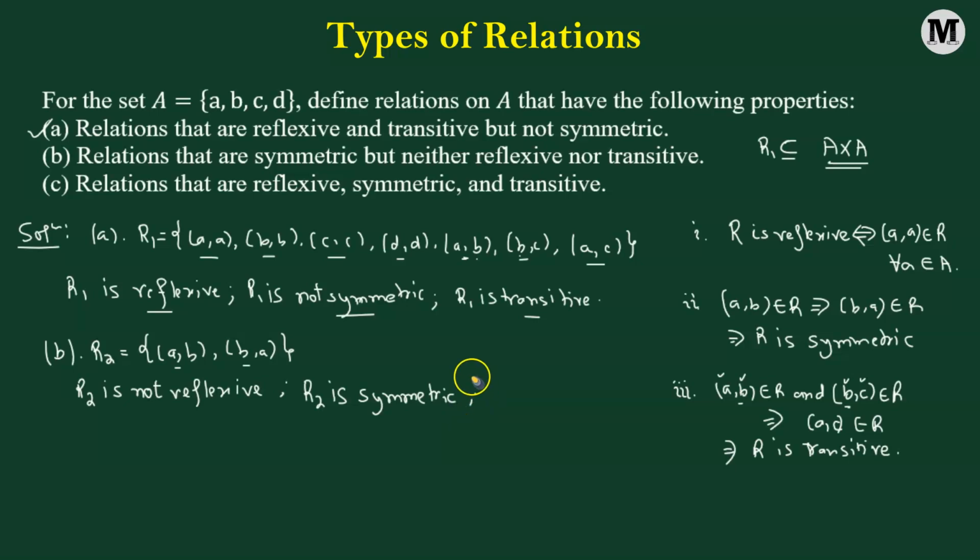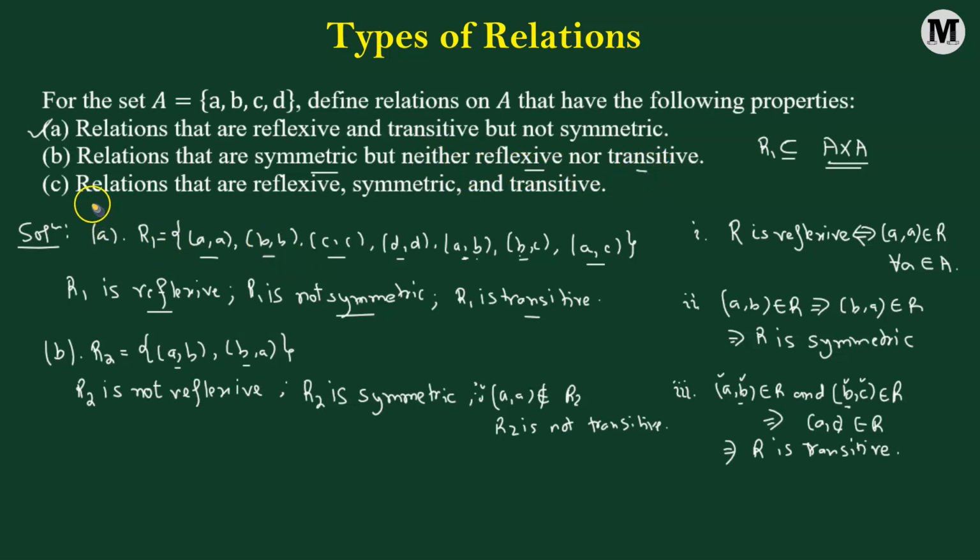It is not going to be transitive, because A comma B and B comma A belong to R2, but A comma A does not belong to the relation R2. This simply means that R2 is not transitive. So we have shown that the second relation R2, defined as the set containing the ordered pairs A comma B and B comma A, is symmetric, but it is neither reflexive nor transitive.